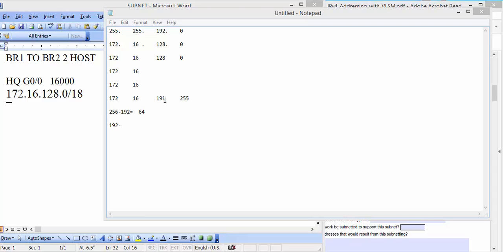And now we have to determine our first and last valid host range. We first start with the first. Obviously, we start with the subnet address, bring it down and add one.